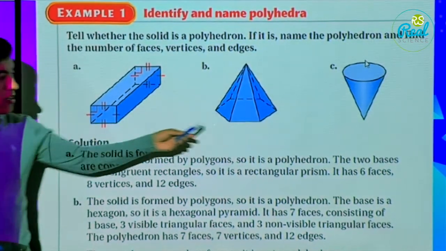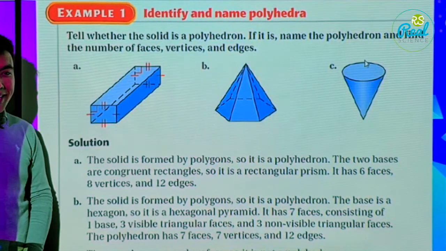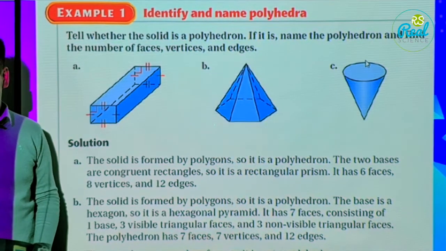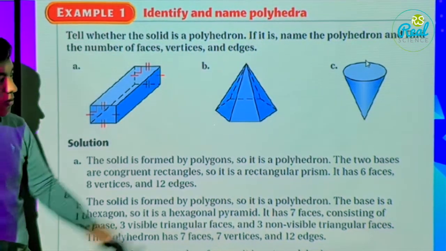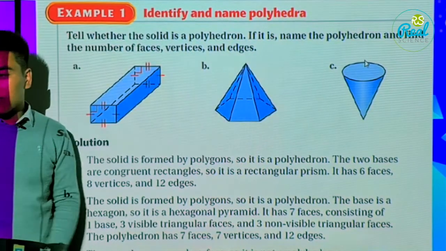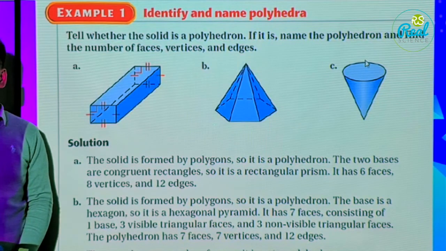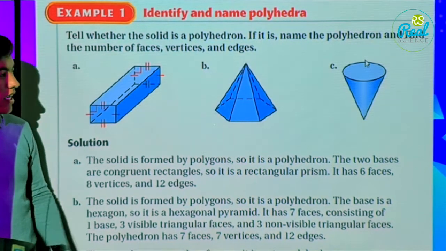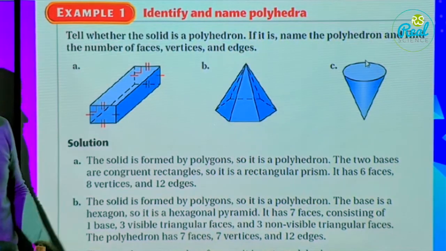This one? Triangular. Is the base a triangle? Yes, it's a pyramid. But what's the base of this one? Hexagon. Hexagonal pyramid.